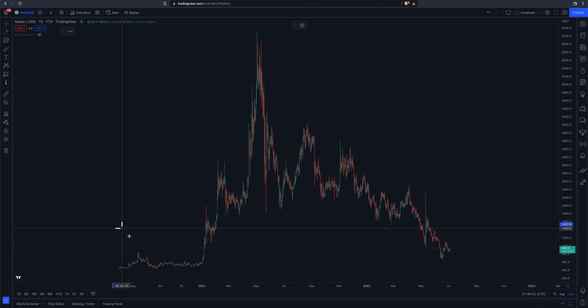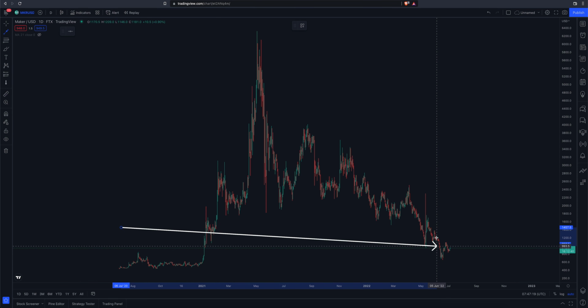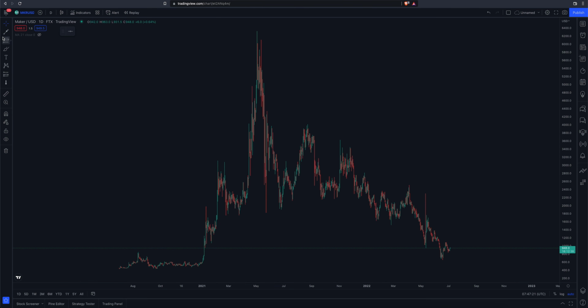Looks like it was around the high 800s, mid 800s. Broke out, went on an incredible run all the way up to, at least in this data from FTX, $6,300. Incredible run. Here we are today, back down into, looks like we're right around 950. So that is all good in hindsight.